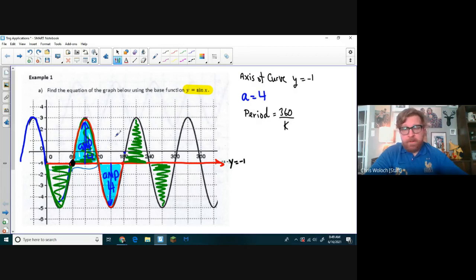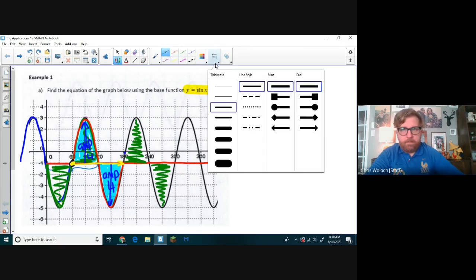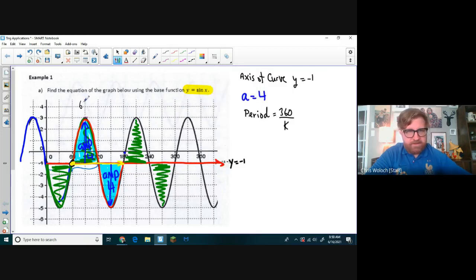Here, I don't have to use this because from the graph we can count the horizontal distance, from here to here. It's going from 60 to 180.